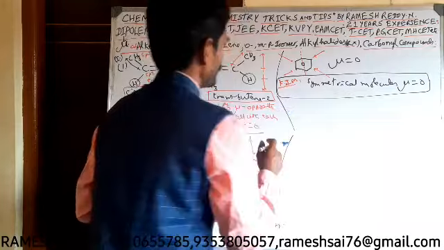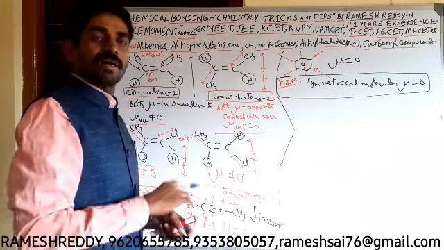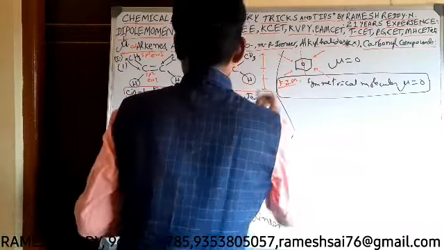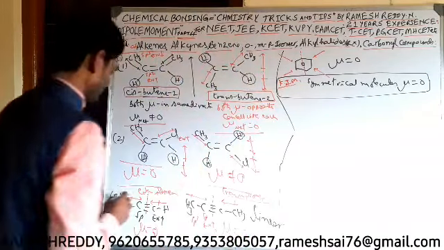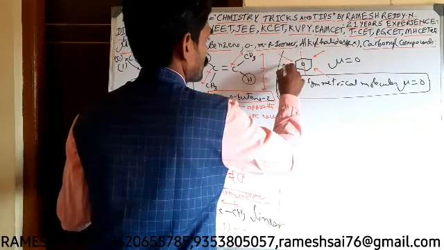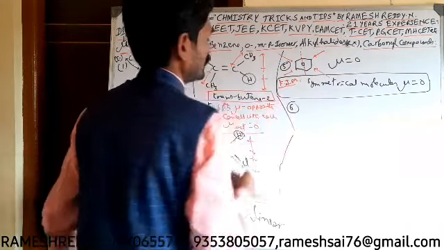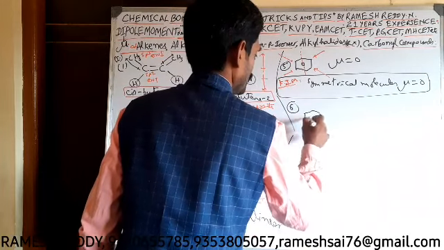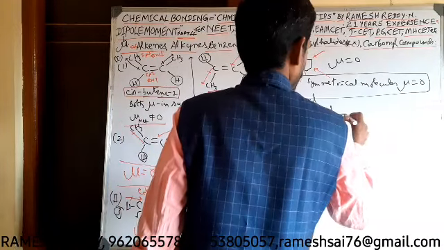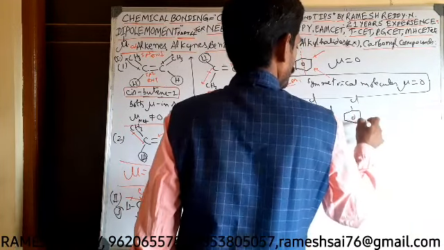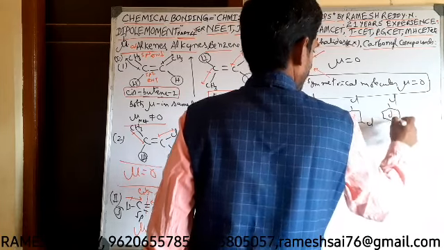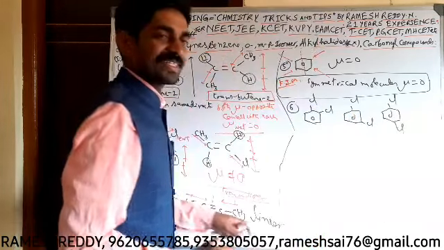Next, ortho, meta, para directing groups containing aromatic compounds. Take the 6th example here: a benzene with two chlorines. The 1,2 position is ortho, the 1,3 position is meta, and the 1,4 position is para.